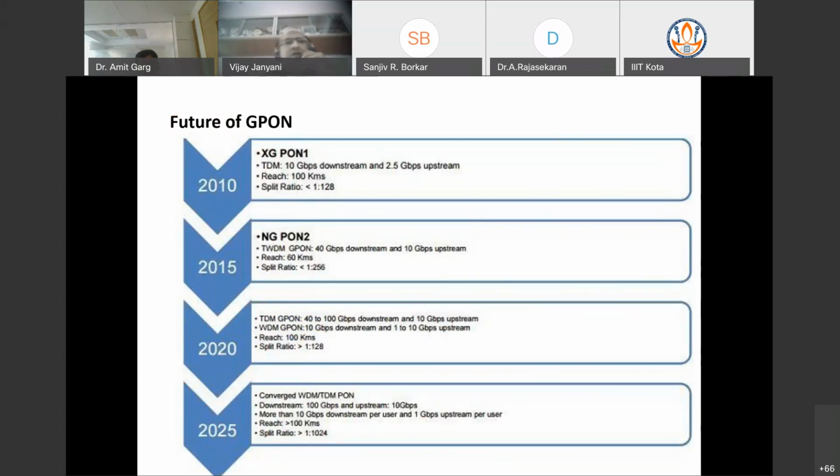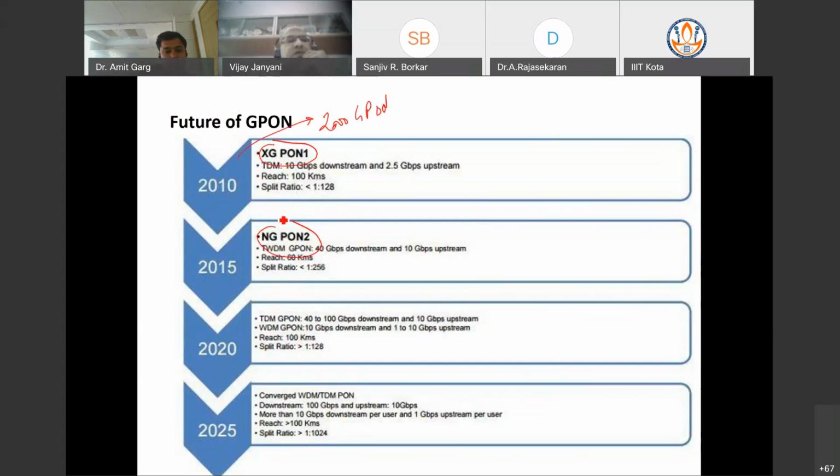I'm coming towards the end of this presentation now. So what is the future of GPON? We have seen that around 2000 you had GPON, then you had XG-PON1, then NG-PON2.